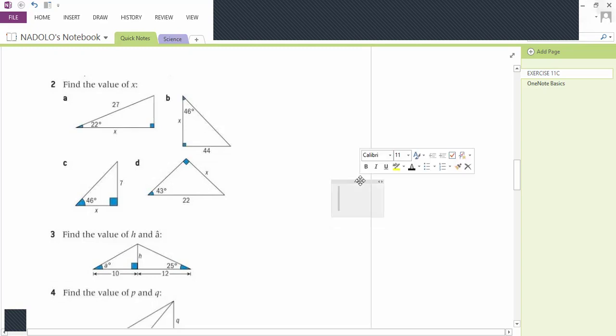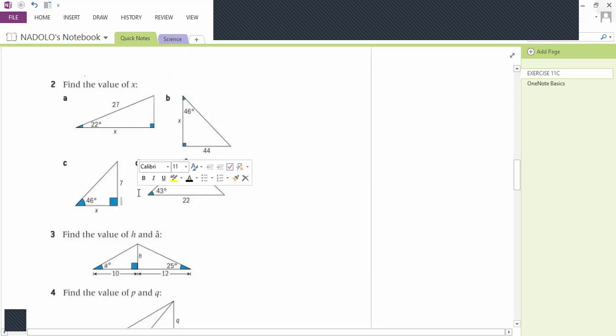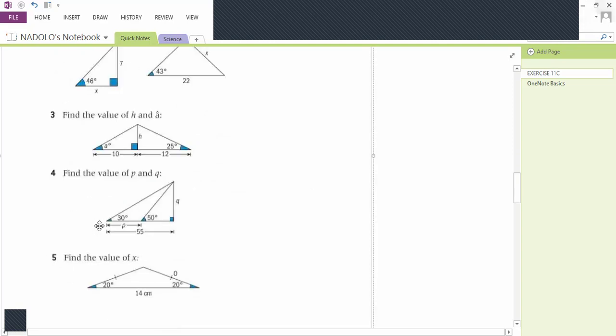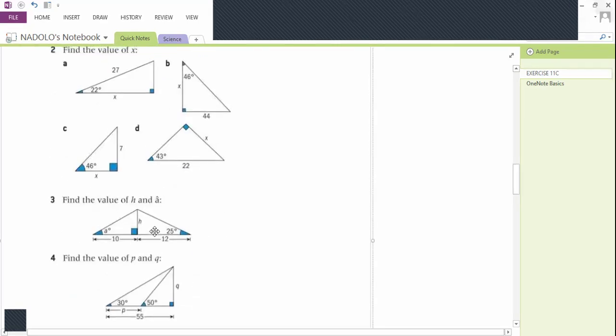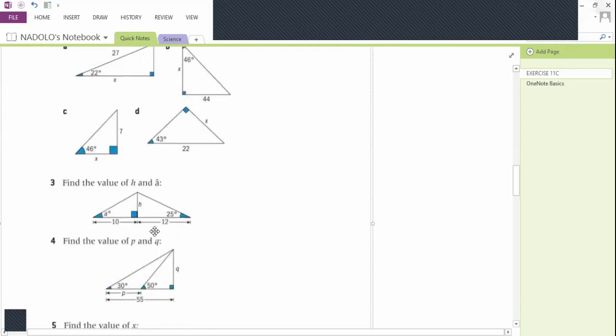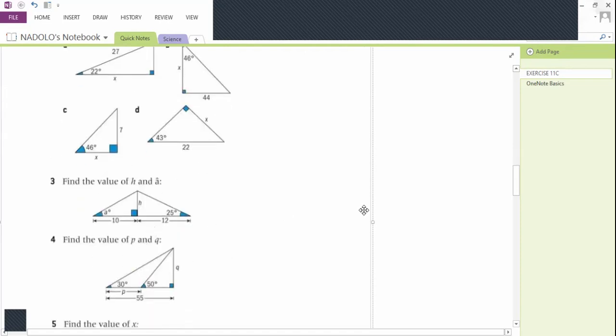Let me make space for number two. What we say is find the value of x.